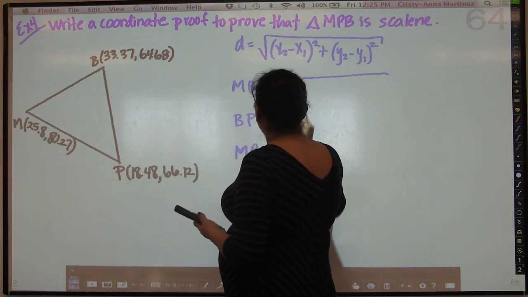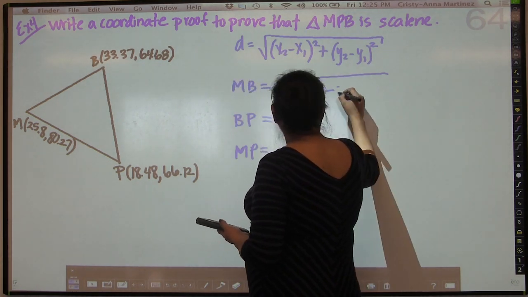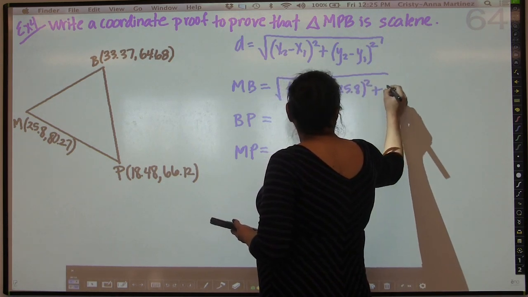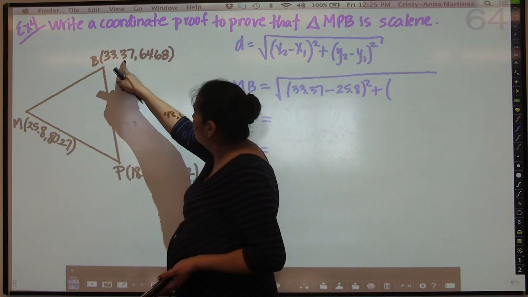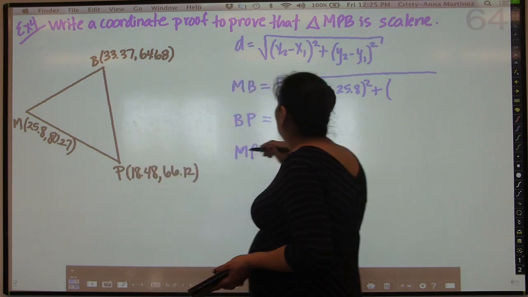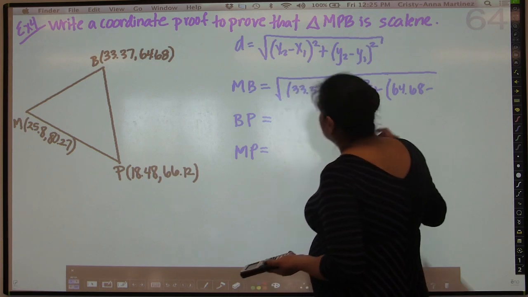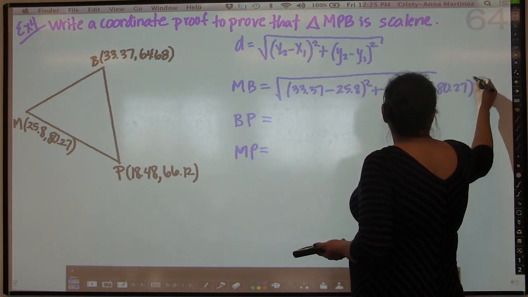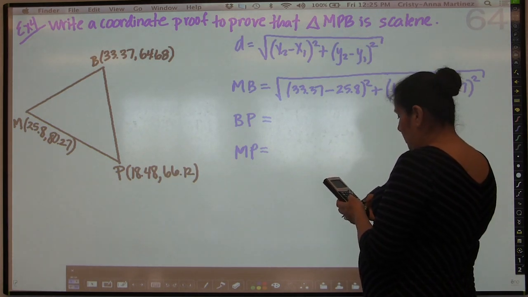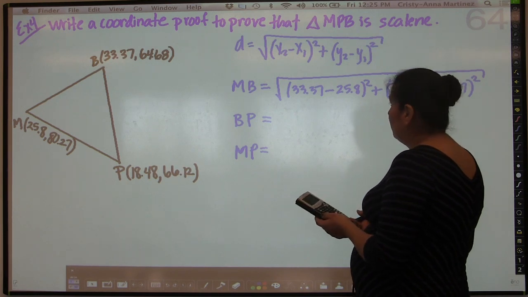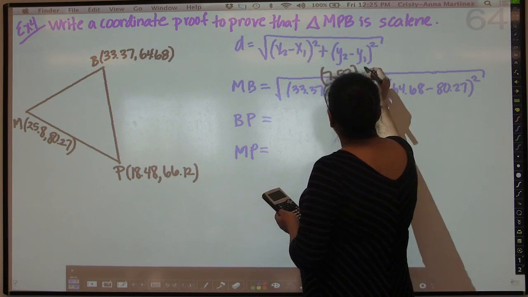So I'm going to start with MB, and I'm going to use these x coordinates. So I've got 33.37 minus 25.8, squared. And then, stay consistent, if I go 33 minus 25, I need to go 64.68 minus 80.27. I'm going to leave the rest to my calculator. 33.37 minus 25.8 is 7.57, and then we're going to square that.